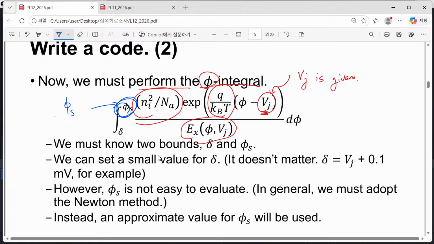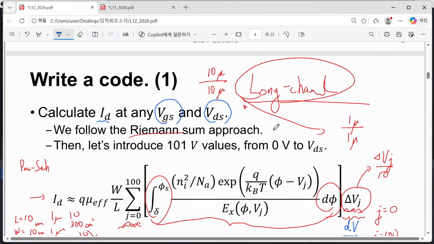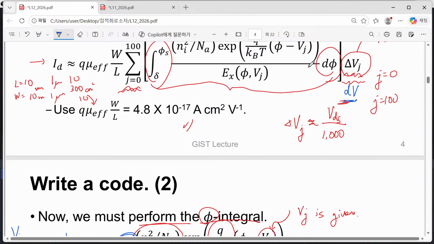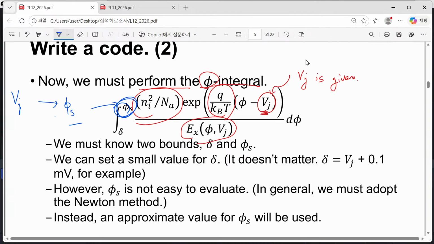The simple rule is: when you have V sub j, calculate your phi s. How can you calculate phi s? By solving this equation, you get the surface potential, and with that surface potential you perform this integration. Of course, for that purpose, you must also change it to delta phi, converting from integration to summation, but I think you can understand its limit and numerical error.